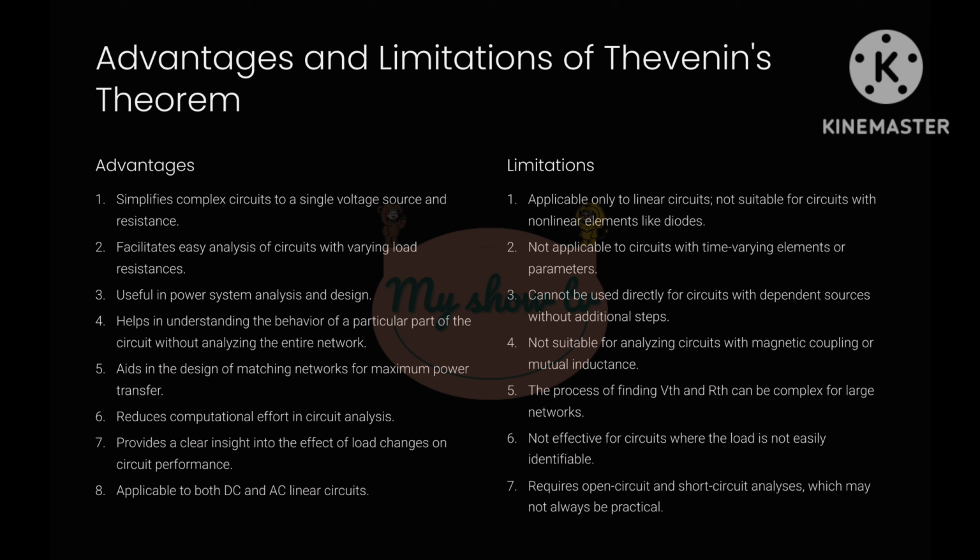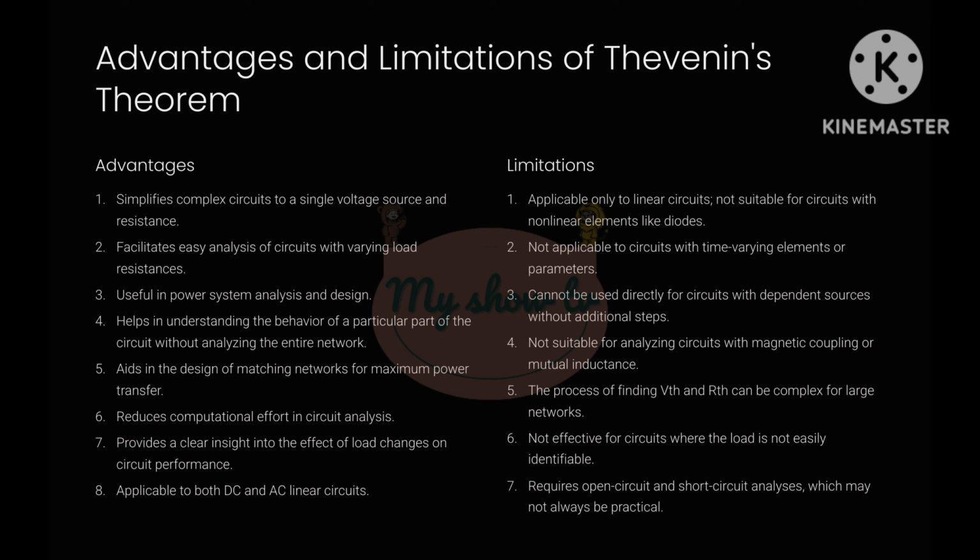2. It does not apply directly to nonlinear components like diodes and transistors. 3. Dependent sources need special steps for calculation. 4. Complex networks may make VTh and RTh calculations difficult. 5. Magnetic couplings and transformers cannot be simplified using Thevenin's directly. 6.